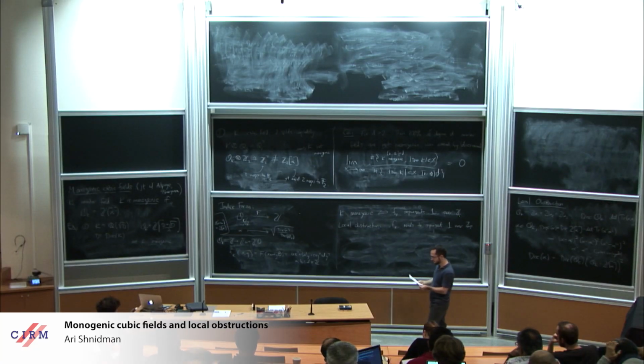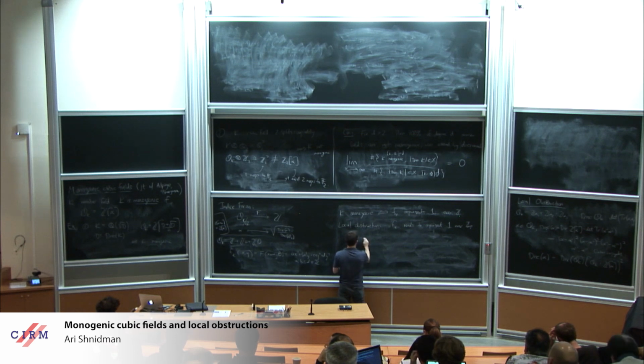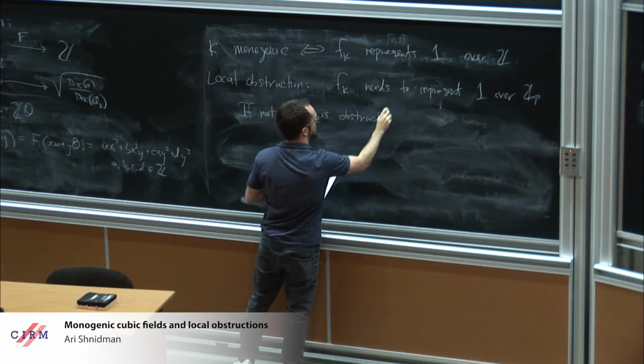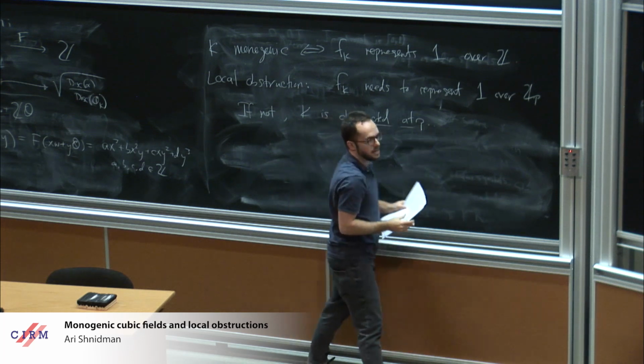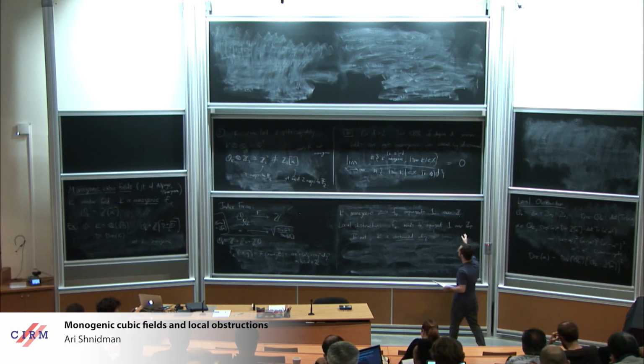And if there is some prime p for which it doesn't represent 1 over Z_p, then we say K is locally obstructed, or maybe I might say obstructed at p, and I will also use the terminology locally unobstructed to mean that for all primes p, it represents 1 over Z_p.